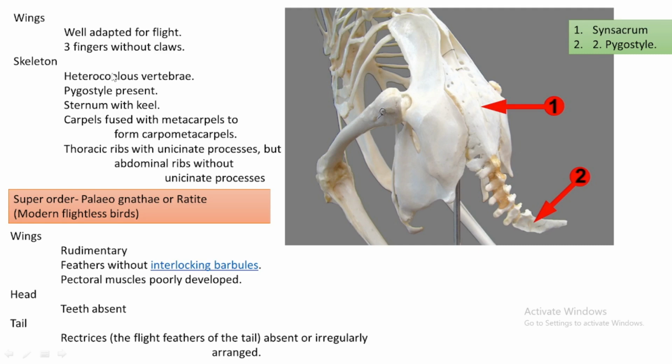Then skeleton, the vertebrae is heterocoelous. This is a very important, unique feature of birds that have more capability for flight. What is heterocoelous vertebrae? Hetero means different. There is no uniformity.